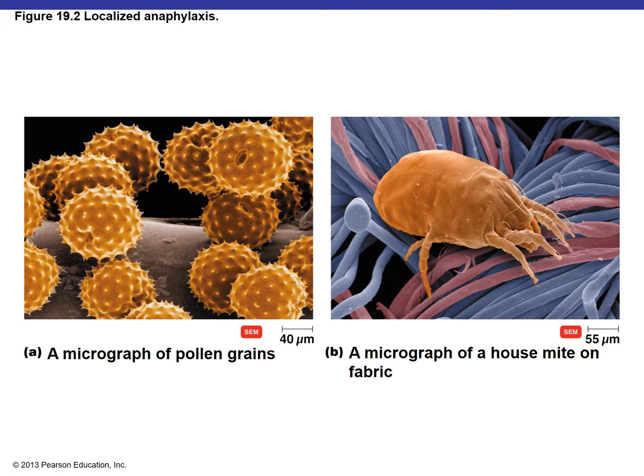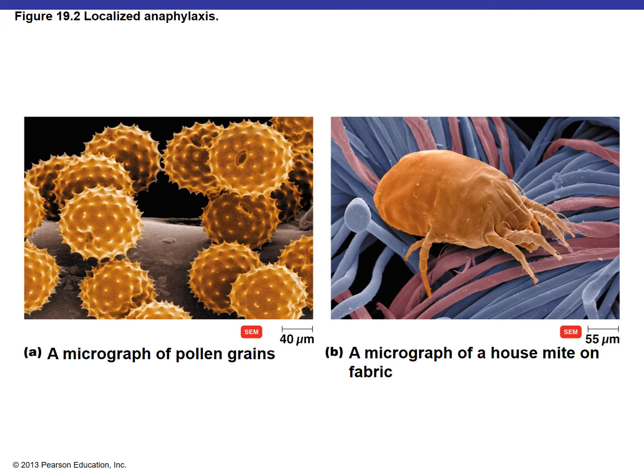There are true food allergies, and those usually result in hives. So eggs, peanuts, milk, soy, wheat, peas, these are all true food allergies, and they can cause systemic anaphylaxis.